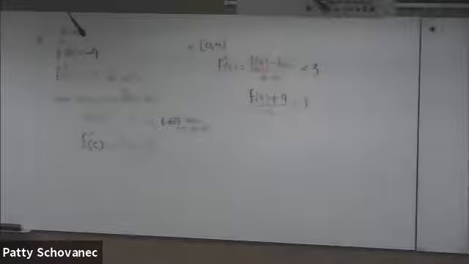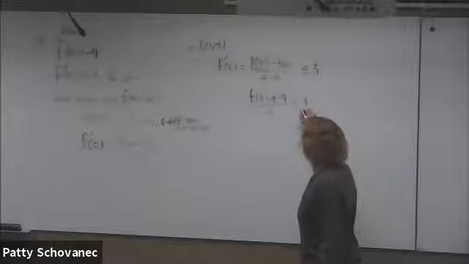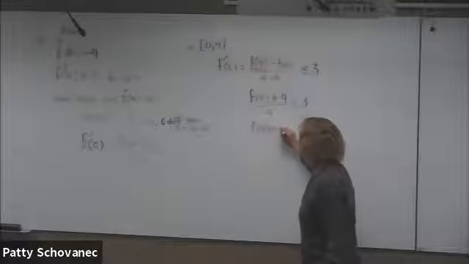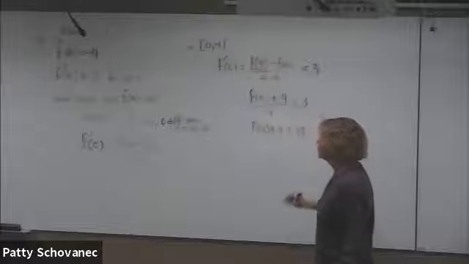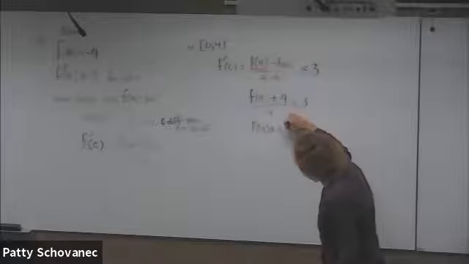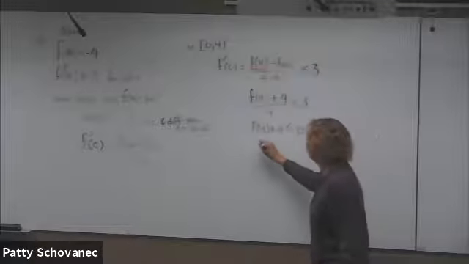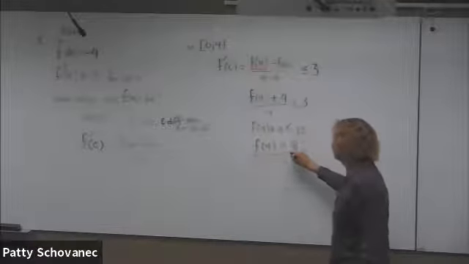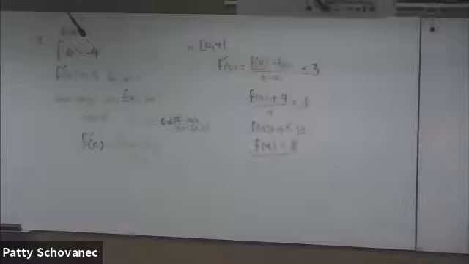So to solve, multiply by 4 to get us 12. Subtract 12, that keeps my less than symbol, and subtract 4. Is it 8? According to the mean value theorem, f of 4 can be no bigger than 8.